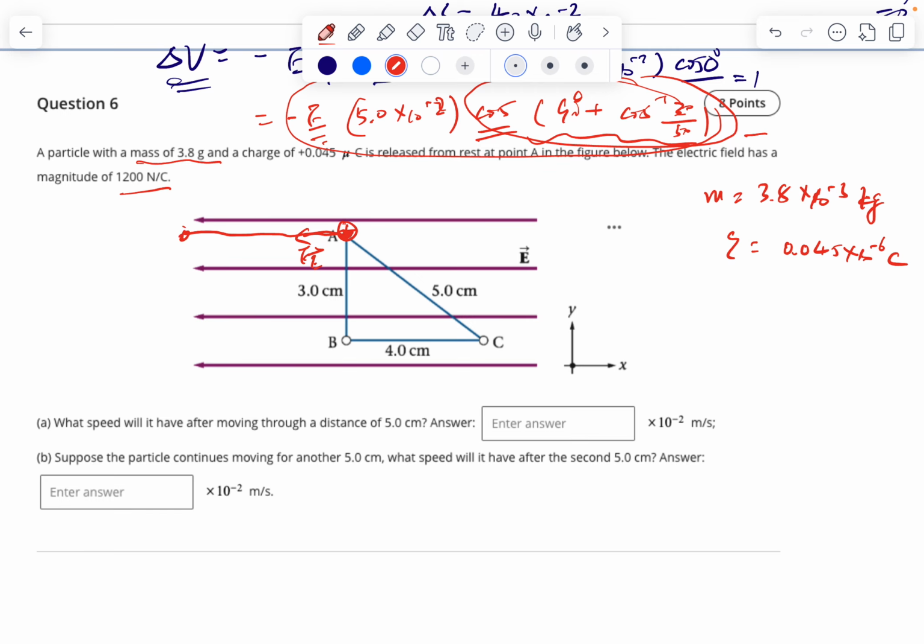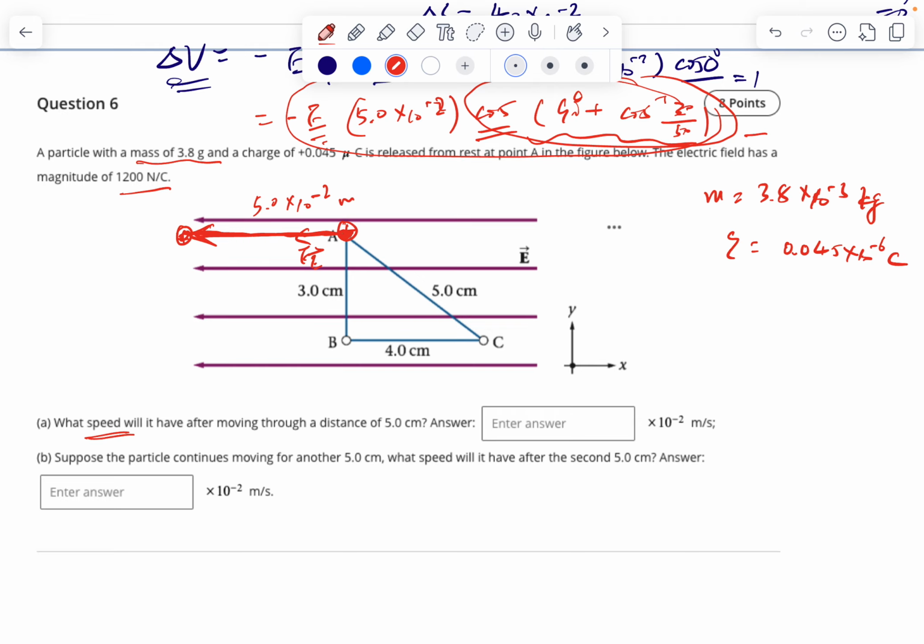From here, the positive charge will only move this way, because you release it from rest. So the displacement will be 5.0 times 10 to the negative 2 meters.